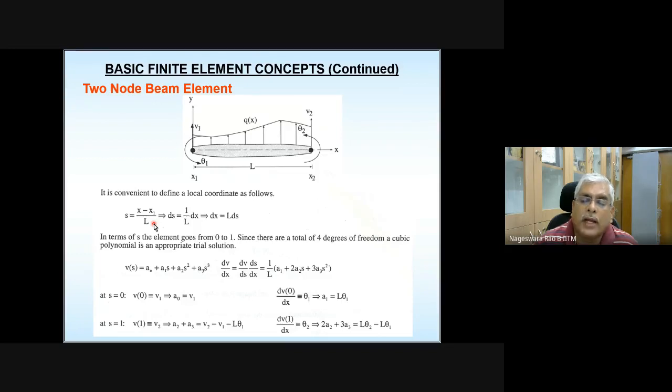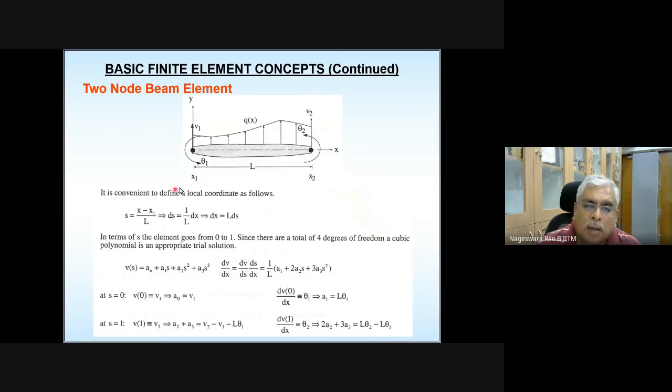Wherever y is there, replace y with s, and wherever y1 is there, replace that with minus 1, and y2 with 1. That is the procedure I told for the bar element.